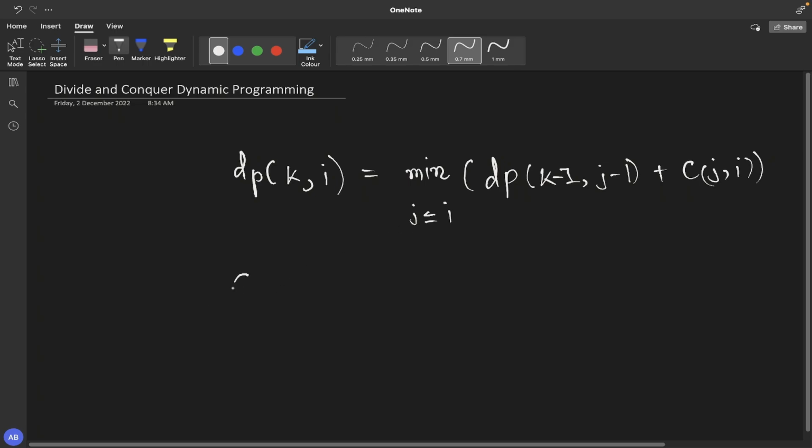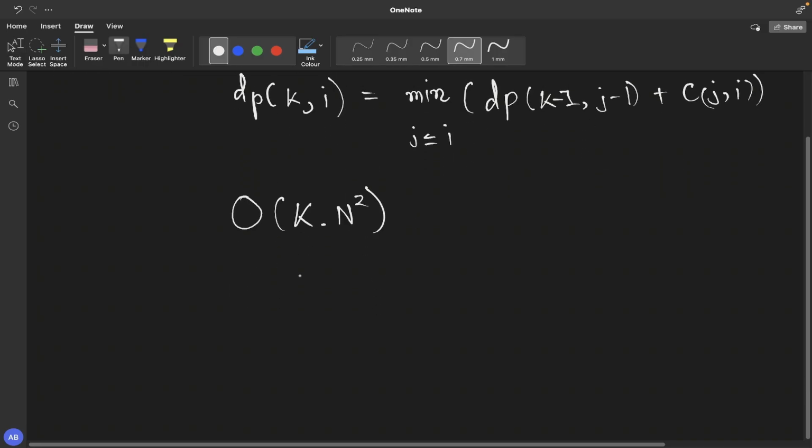And the time complexity for it will be O of k times n squared, because we have to divide into k subarrays, and so our states are k times n, and then the transition time for a particular state is n, so it's just k into n squared.